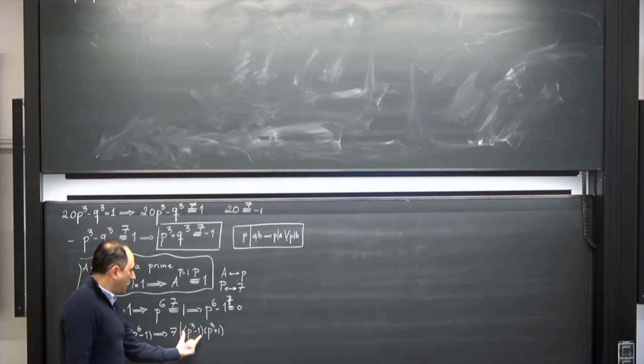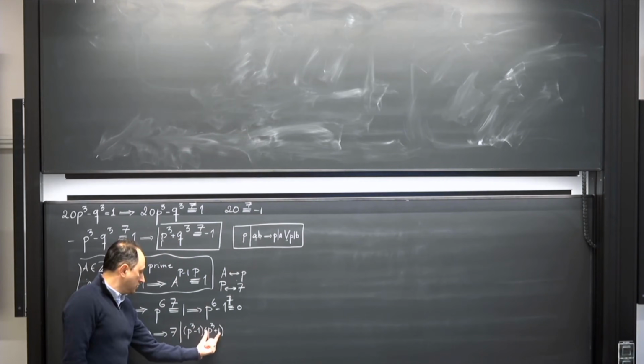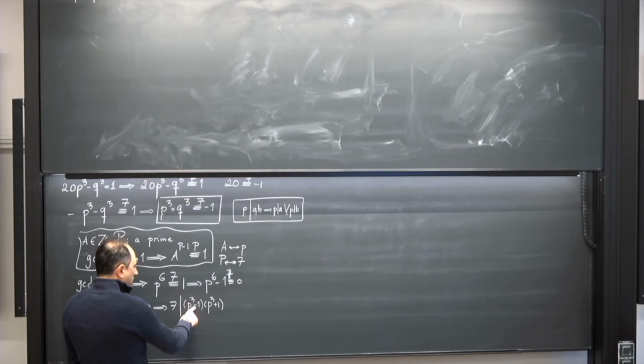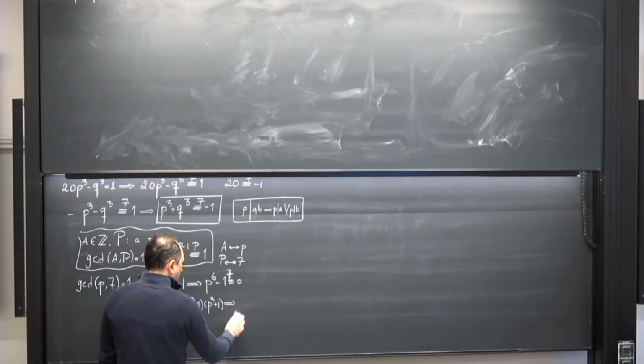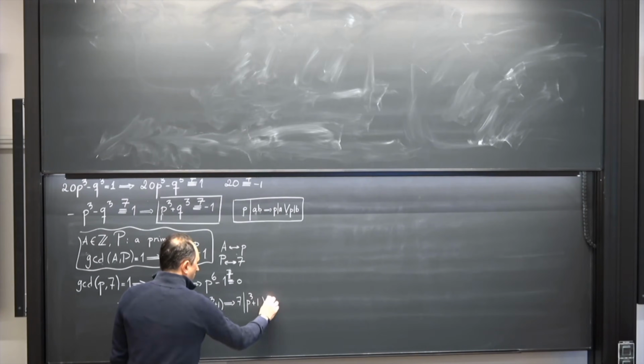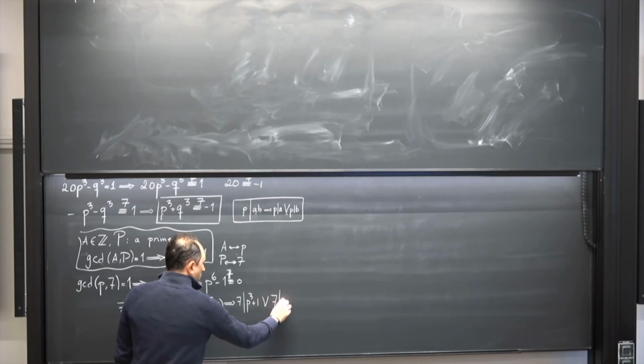So here I have a product of two integers, which is divisible by 7. So either this one is divisible by 7 or that one is divisible by 7. So it means that 7 divides p^3 + 1 or 7 divides p^3 - 1.